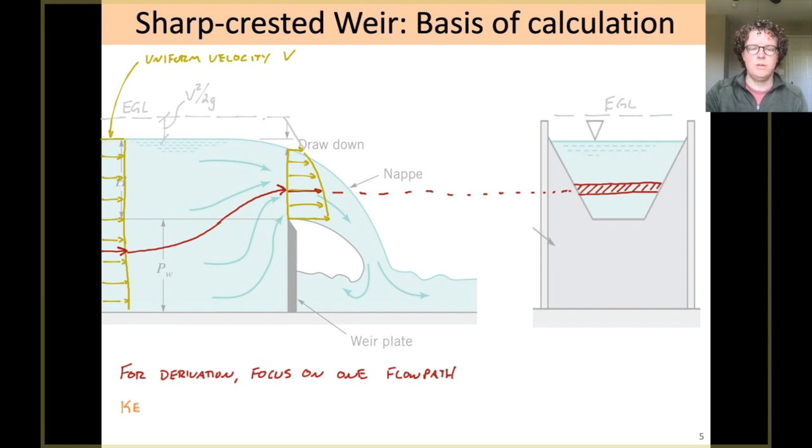Okay, so what are some of the key definitions or variables that we're going to need to describe our system? We're going to think about a flow path that starts at point A, that is an elevation of ZA up from the bottom. We're going to envision a depth of water when it flows, just at the time it flows over the weir, being lowercase h down from that still water surface.